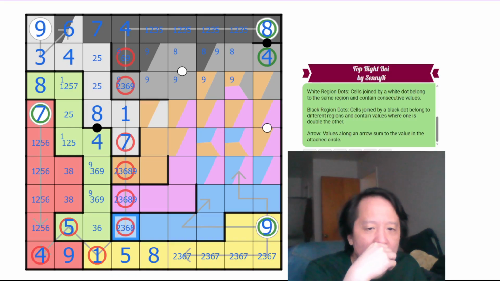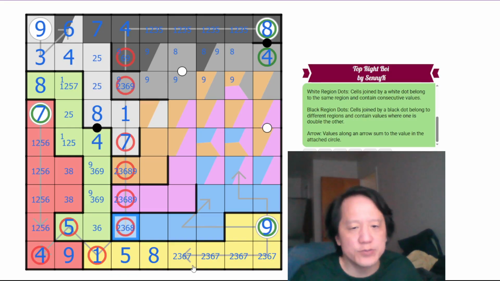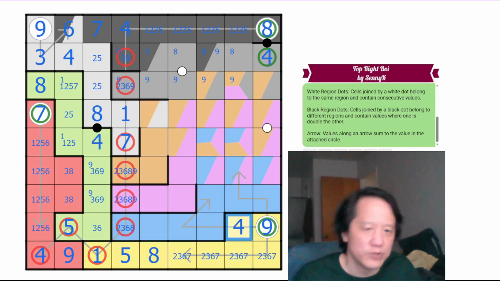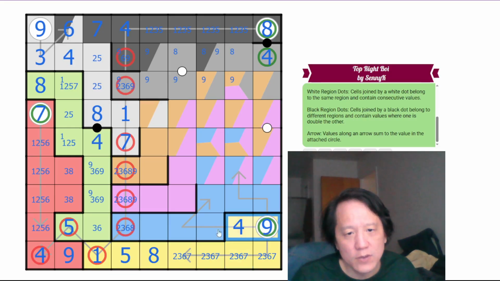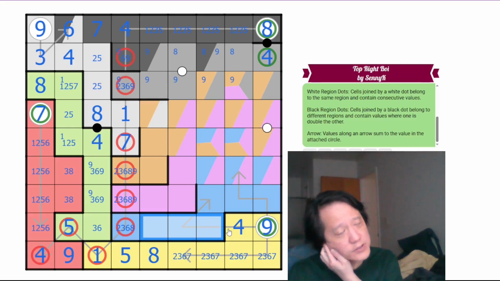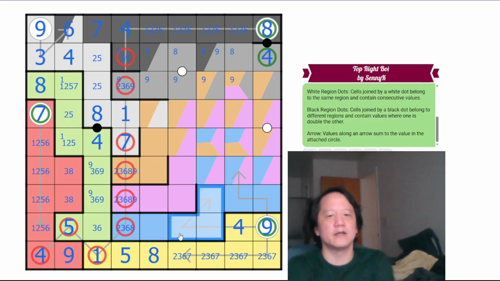Okay. So we have 2, 3, 6, 7 in the yellow region. The remaining digit now is a 4 for the yellow region. So these 3 digits add up to 18 minus 4, which is 14.